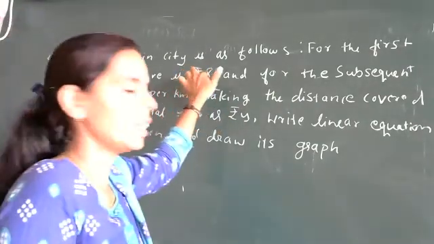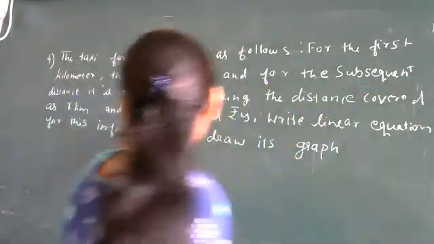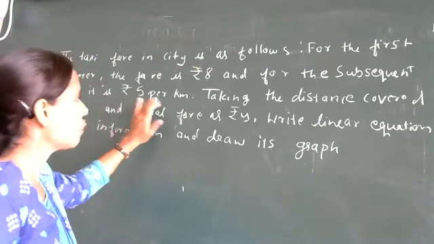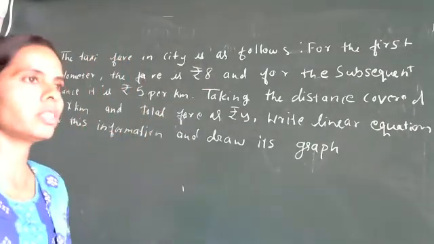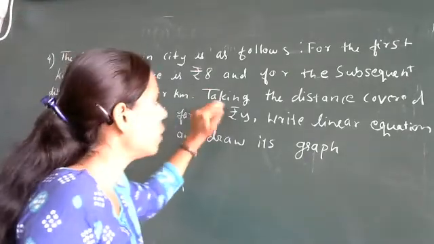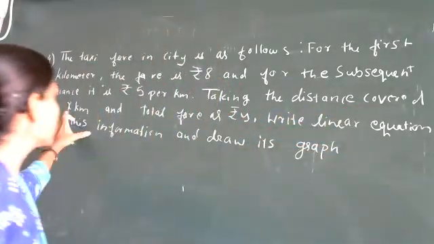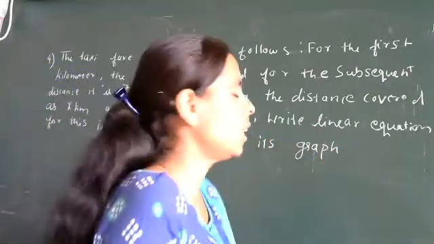Then for the subsequent distance, it is rupees 5 per kilometer. After 1 kilometer, whatever the distance covered, it will be charged as 5 rupees per kilometer. Taking the distance covered as x kilometer and the total fare rupees y, write the linear equation.